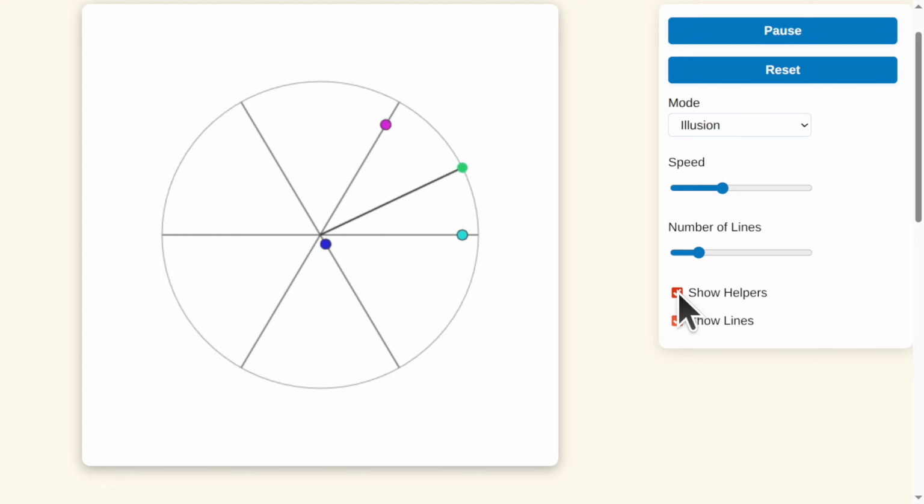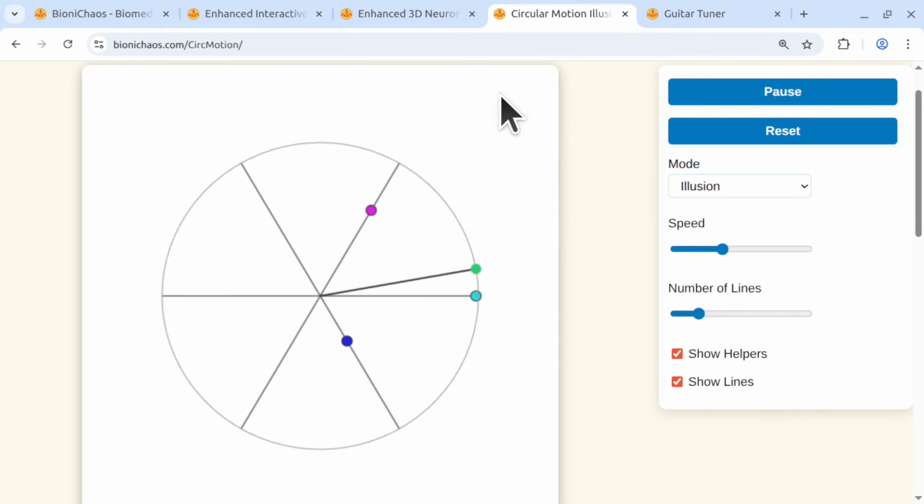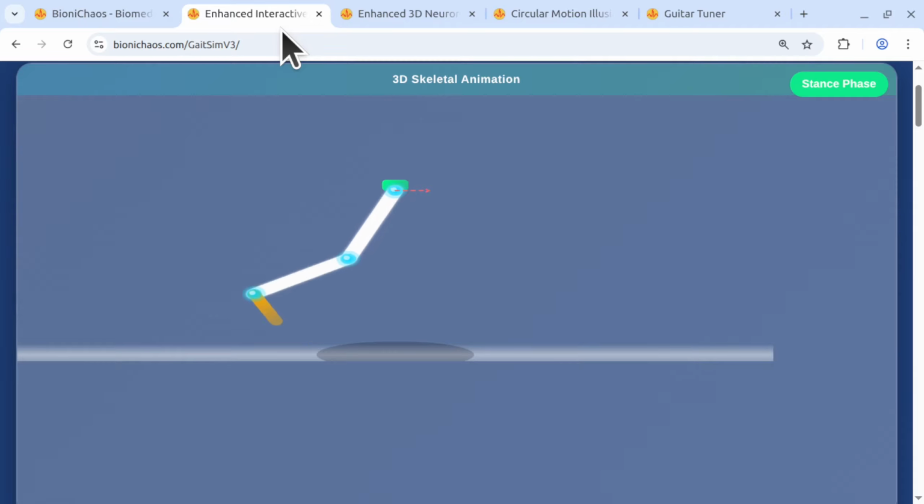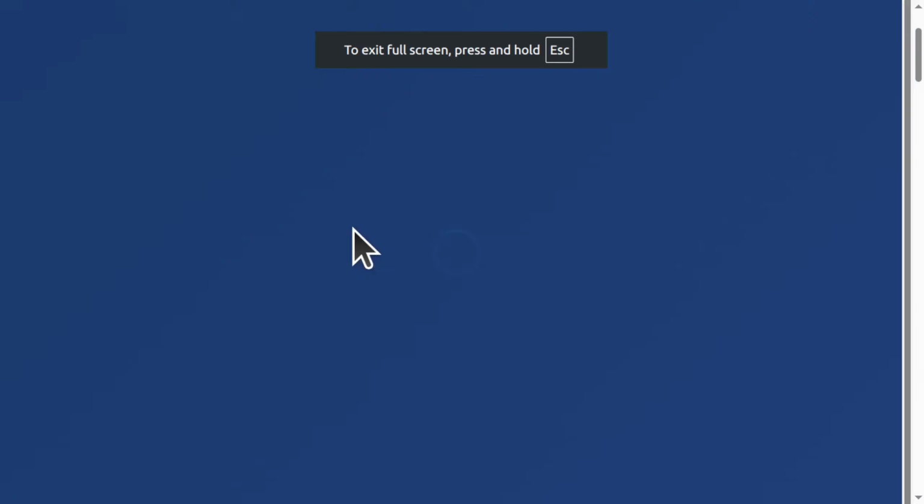However, with these tools, they can precisely measure and visualize the exact range of motion, speed, and angles, which is crucial for identifying subtle imbalances, assessing recovery progress, or optimizing athletic performance. This is analogous to how the lines in the illusion clarify the true linear motion of the dots.